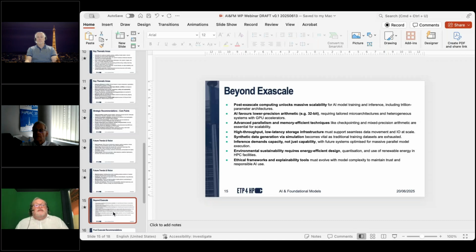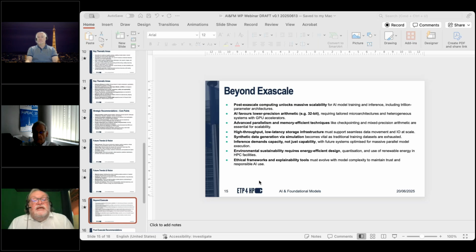And the next step, beyond exascale. Our post-exascale systems are undoubtedly going to need inference first workload optimization, memory efficient training with mixed precision and sparse operations, very high bandwidth interconnects for highly efficient model parallelism, and scalable synthetic data that supports our complex benchmarking frameworks to maximize computational performance.